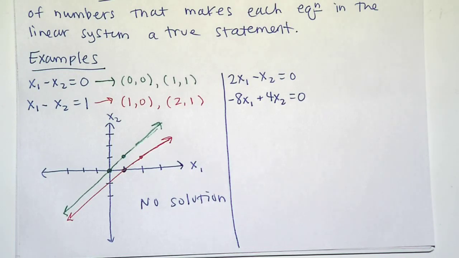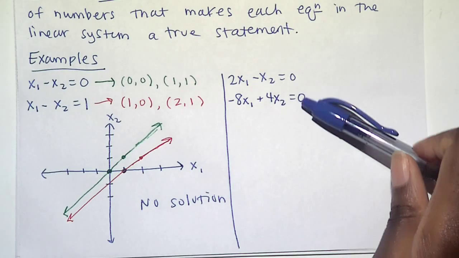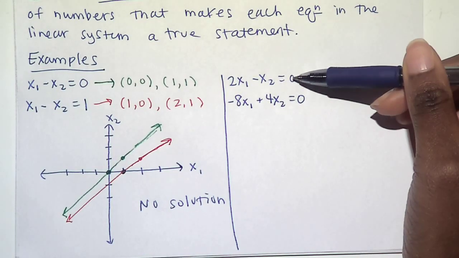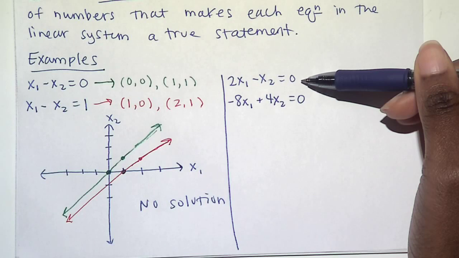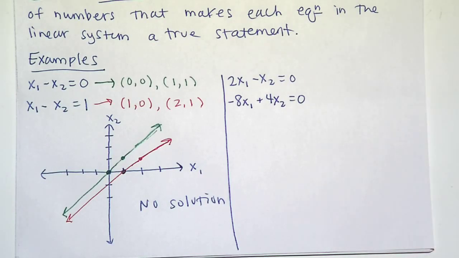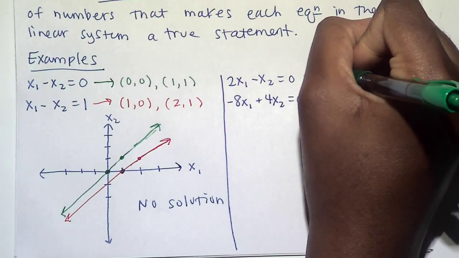So you may notice something about this linear system and the relationship between these two equations, right? If you multiply the first equation by a -4, you're going to get the second equation. So let's see how that's going to affect our linear system.